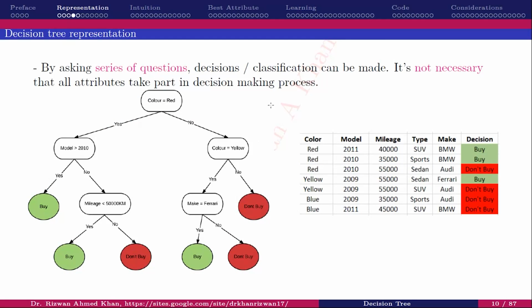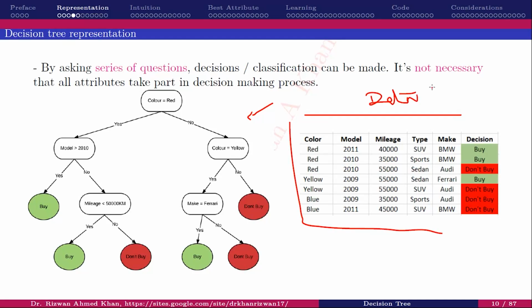So this decision tree example, this contrived example that I'm showing you, probably has this kind of data set. You can see we have different attributes: the first attribute is color, the second is model, the third is mileage, the fourth is type, the fifth is make, and this is our y, or decision.